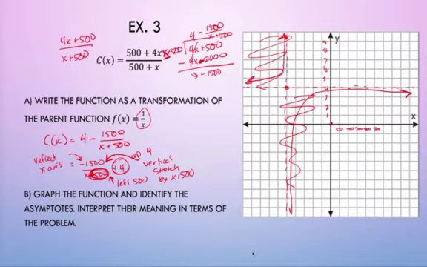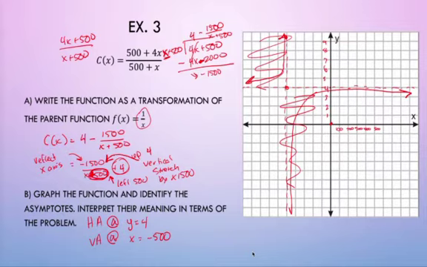So the function looks approximately like this. I'm not going to get into exactly how much the stretch does things. But the function looks approximately like this. So your asymptotes, we have a horizontal asymptote at y equals 4 and a vertical asymptote at x equals negative 500.